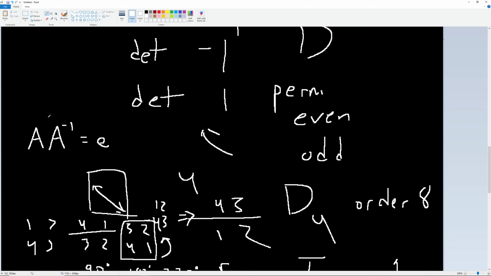The inverse is an element of the group that, when applied to the element that we're talking about, under the operation defined with the group, gives you the identity.